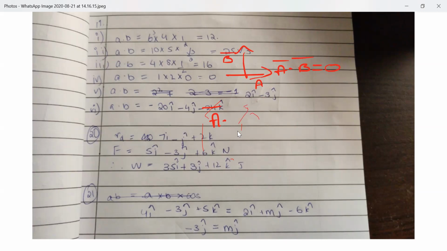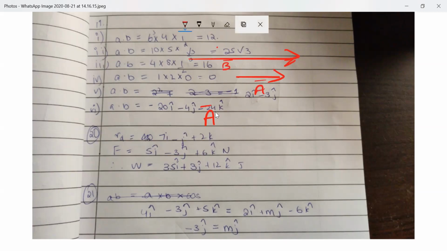Now, when they are parallel to each other, it's not A equal to B. A equal to B means they have the same direction and same magnitude. This is also parallel vectors, but their magnitudes are not the same, right?